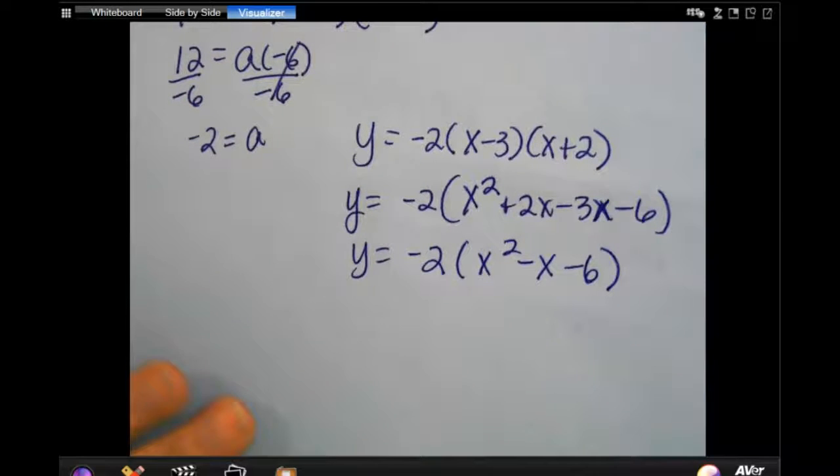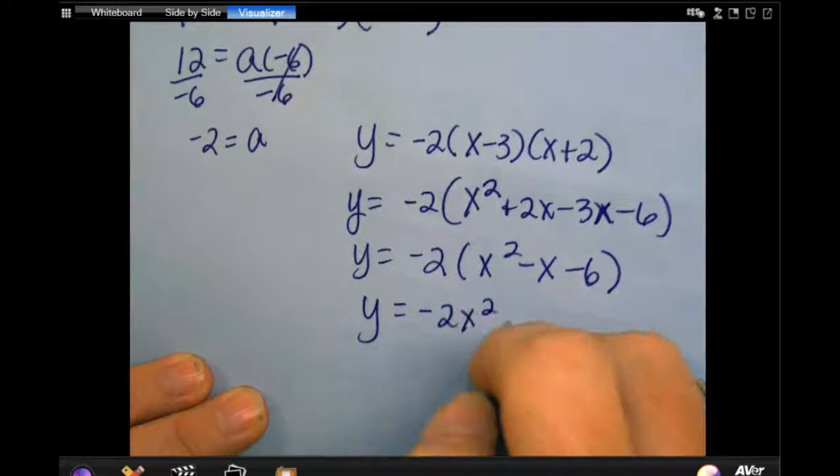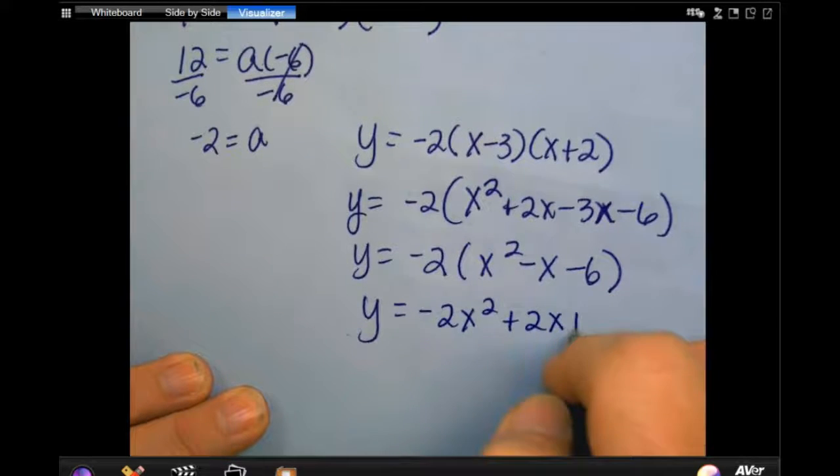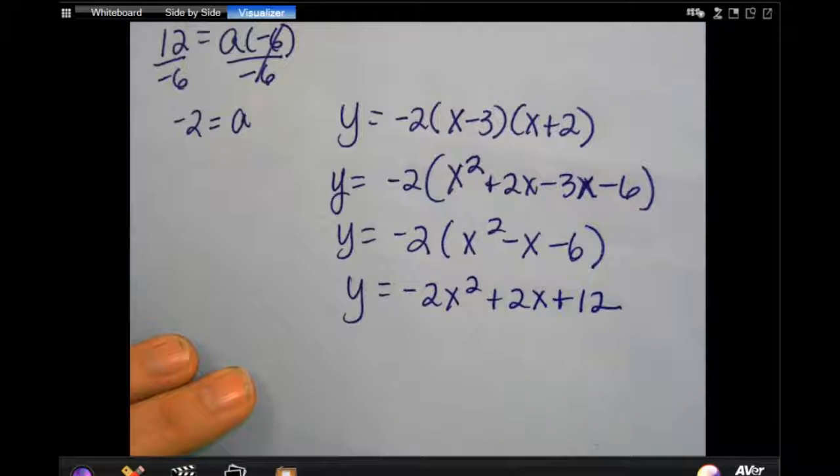And now I want to go ahead and distribute the negative 2. So now this is in standard form, right?